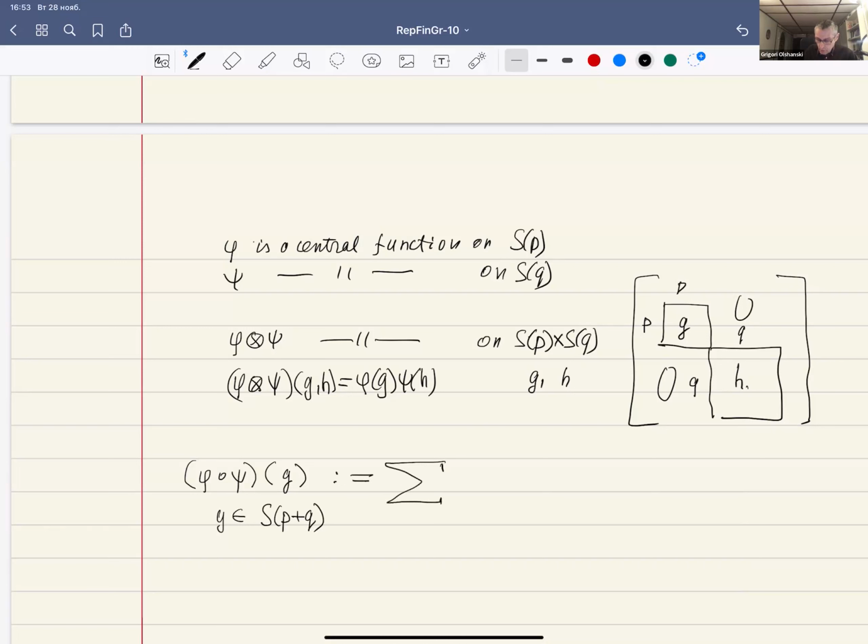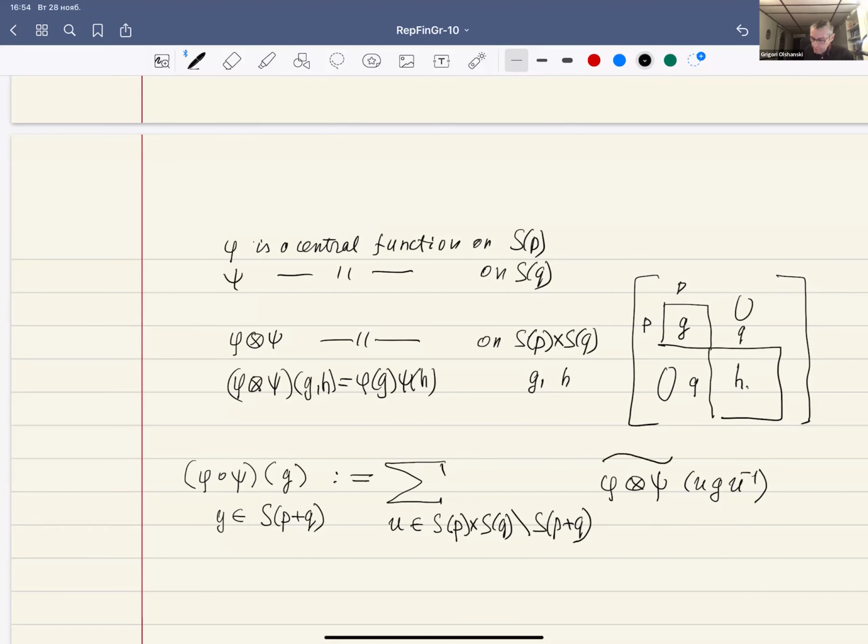The sum over representatives of cosets, and we take these quantities.